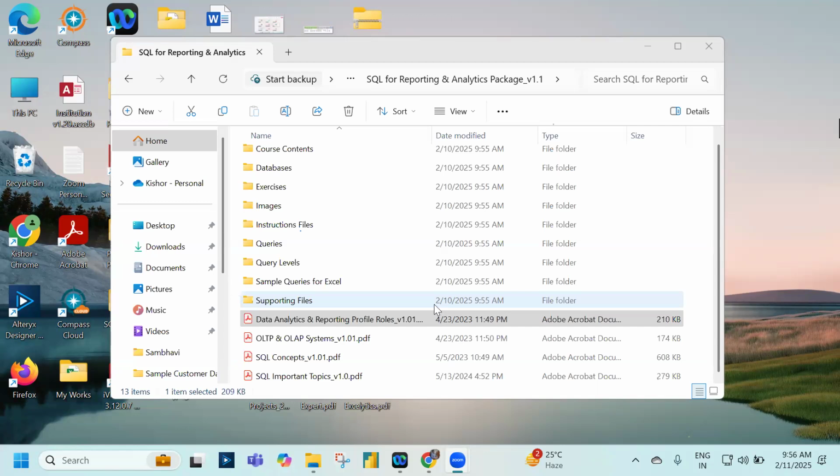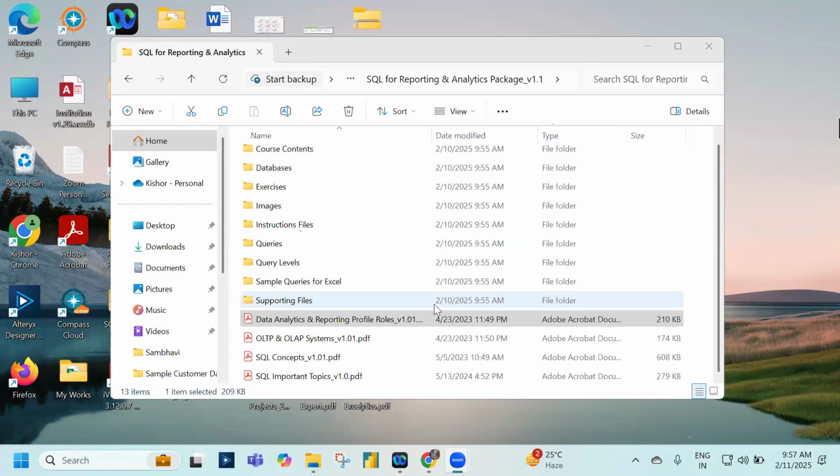You just Google it: this is what I use in TSQL, what is a similar function in MySQL? It gives you that, and instead of using this function, you use the MySQL function and can still write the code. So those language fundamentals you will learn here for sure. You don't need to worry about which variant of SQL you are learning here. You can do the other SQLs also.